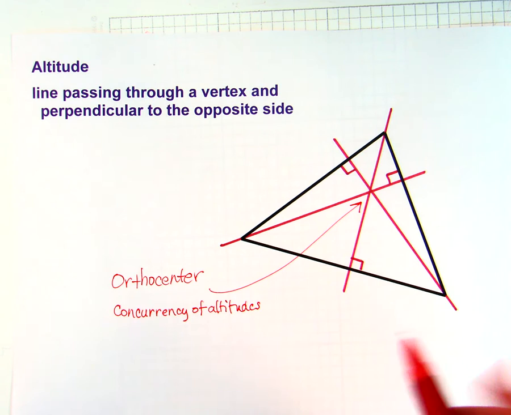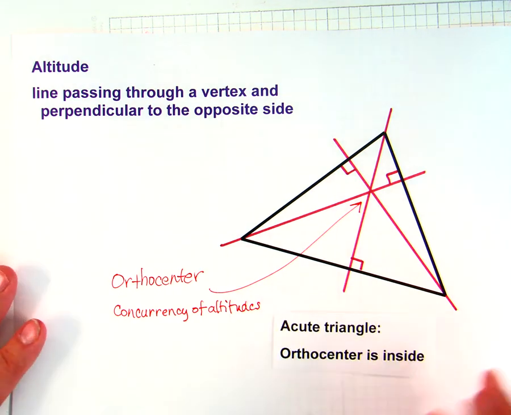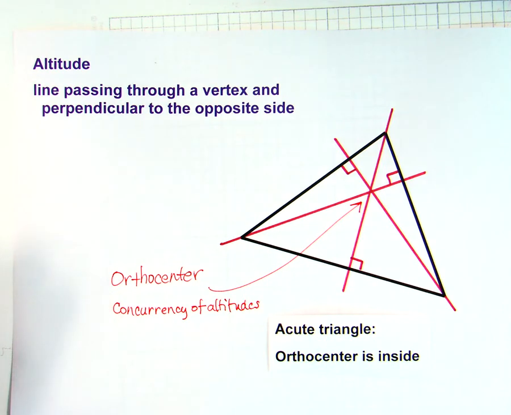So there we have concurrence of altitudes. Notice that this is an acute triangle and that the orthocenter is inside of the acute triangle.